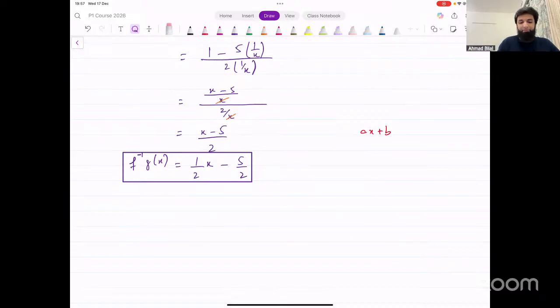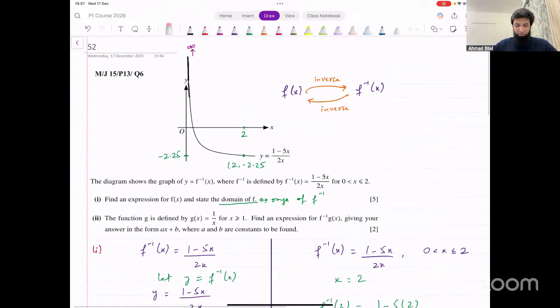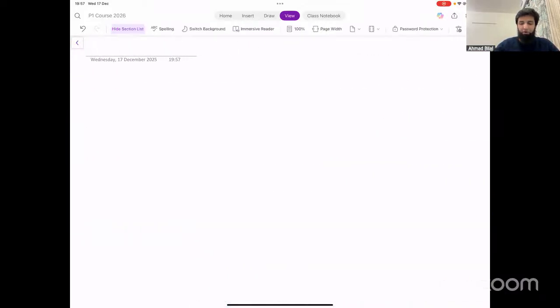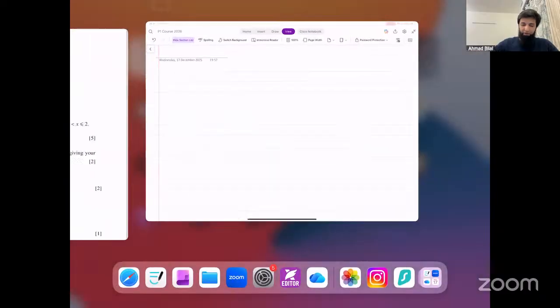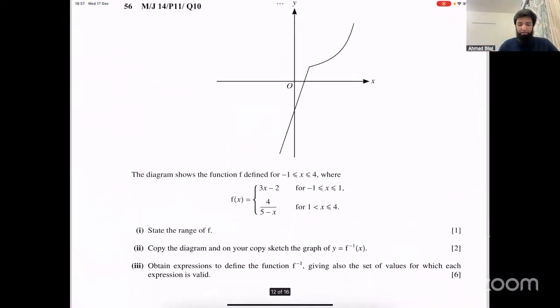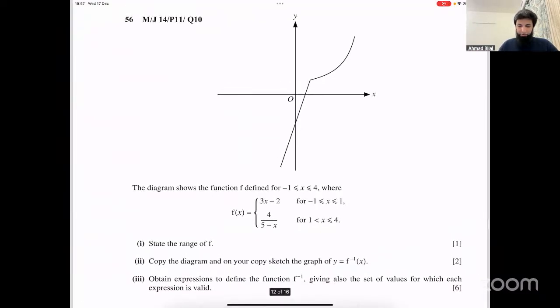All right. So these were some very good questions from the functions worksheet. Let's do one last question from this, and then we move on to function transformations. One last question on functions, and that is the one that I recommended you to attempt in the last class as well. This is question number 56 from the worksheet.